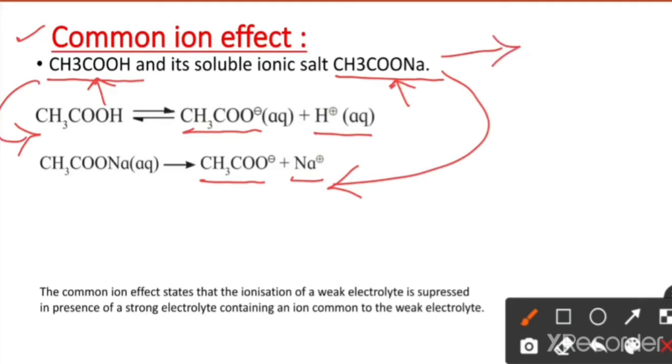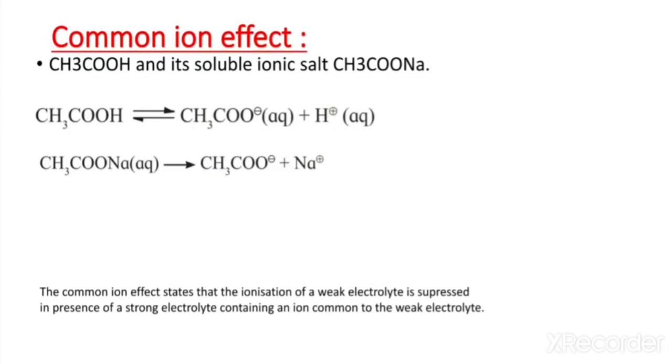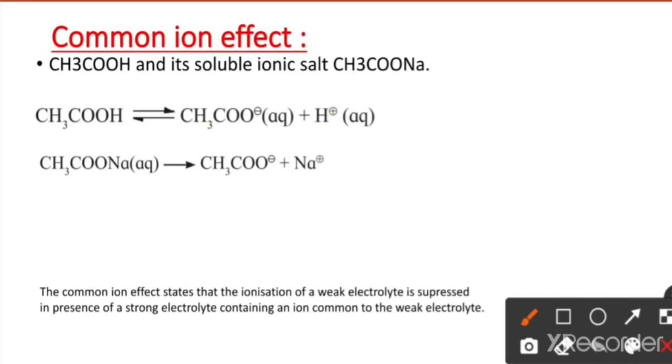Sodium acetate is a salt of a strong electrolyte, so it dissociates almost completely in the solution to give acetate ion and Na plus ion. Both acid and salt produce acetate ions in the solution.